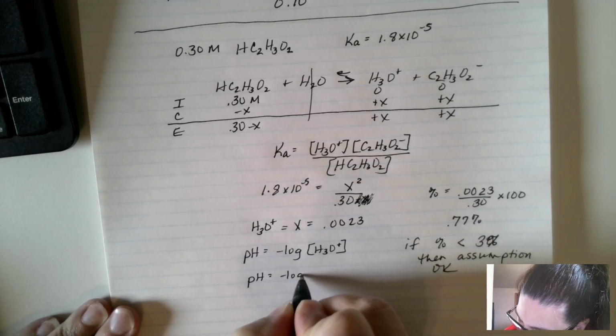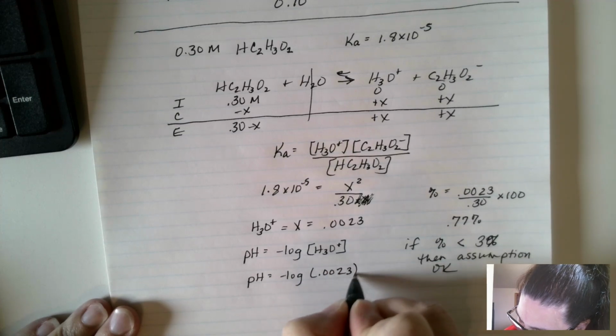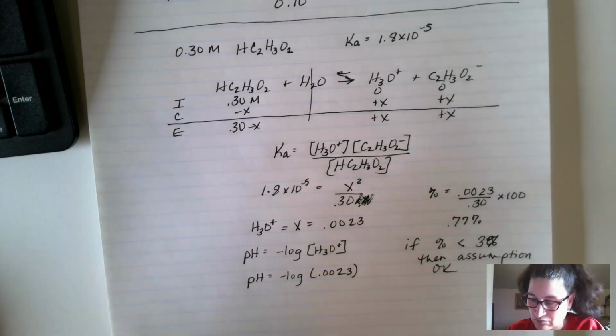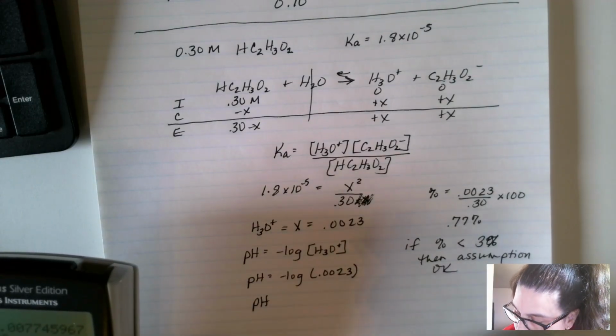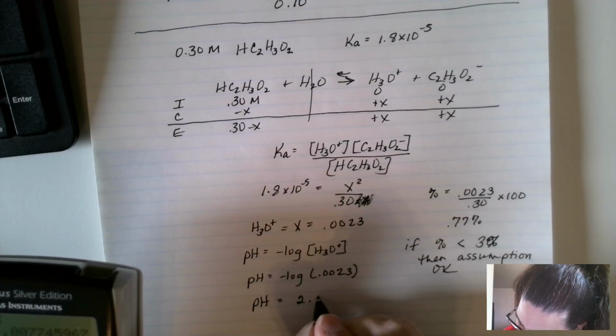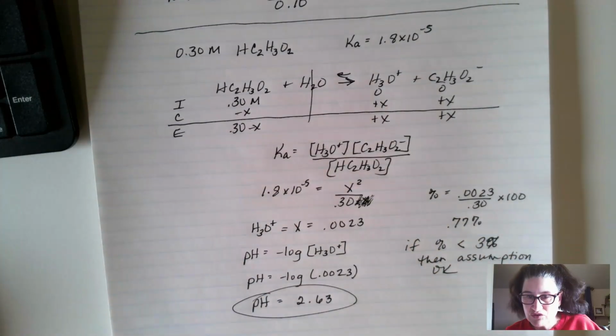So negative log of 0.0023. Alright, and I had two significant figures, so I'm going to need 2 decimal places in my pH, and I got a pH of 2.63, which seems reasonable.